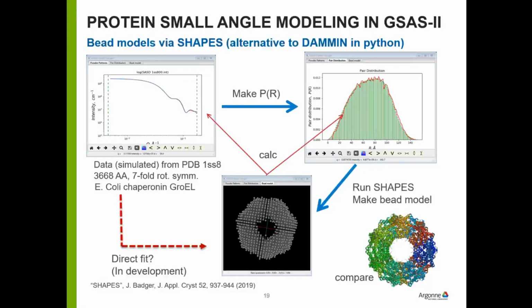And there's the real crystal structure of that particular protein. And this was done by a fellow by the name of Badger not too long ago, in a program called Shapes. And I simply took his program, with his permission, of course, and implemented it in Python inside GSAS-II.